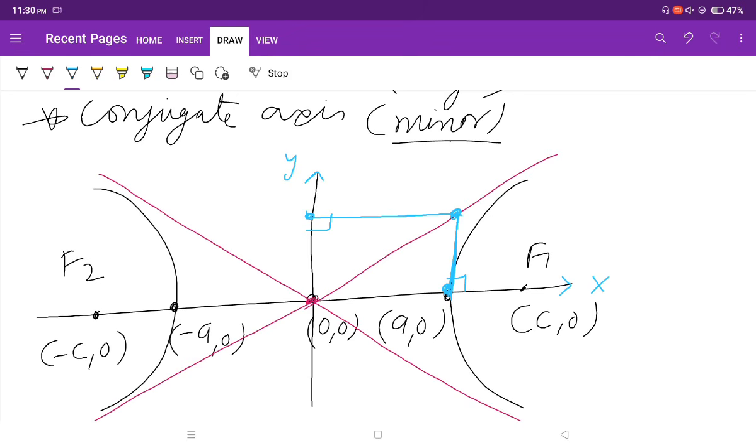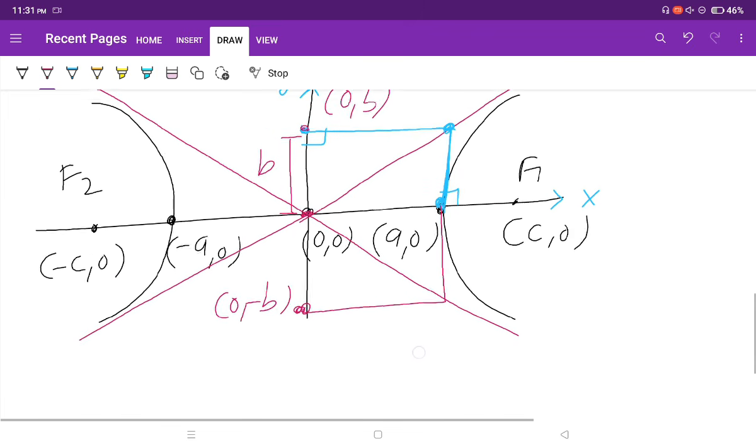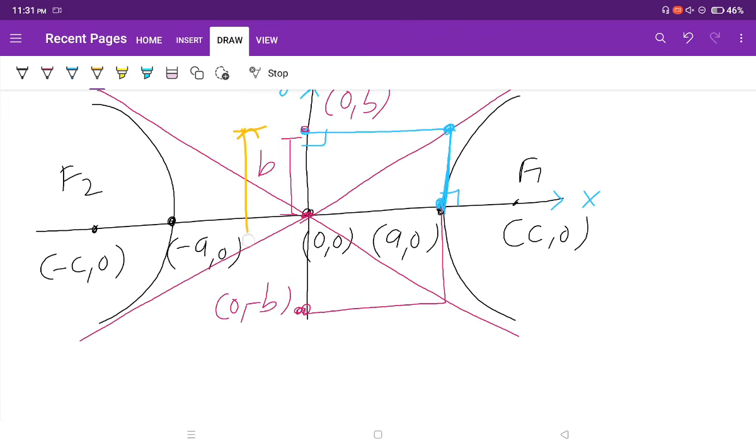Now this distance at the y-axis is called b, and this point will have coordinates 0 comma b. Similarly at the bottom side, this distance is 0 comma minus b, and this complete length will be called the conjugate axis, right?